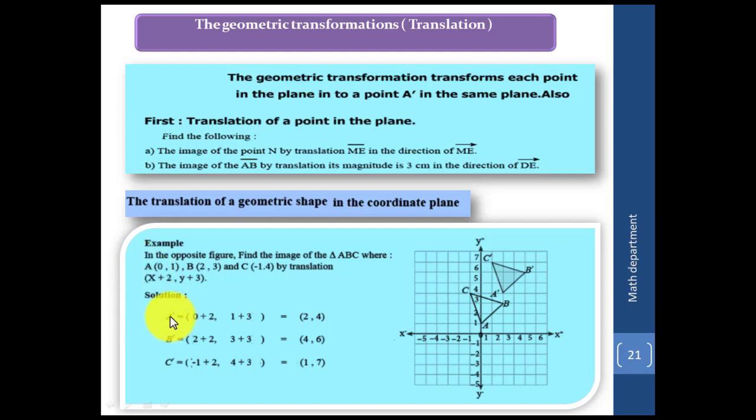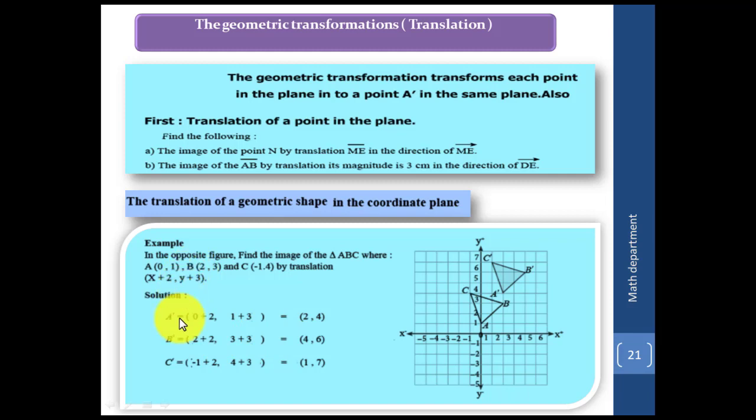How can we find A dash? We add the point of x-axis to the magnitude in x-axis. The magnitude in x-axis is 2, so we add 0 plus 2. And we add the point of y-axis to the magnitude in y-axis, which equals 3, so the ordered pair will be 0 plus 2 equals 2, 1 plus 3 equals 4.